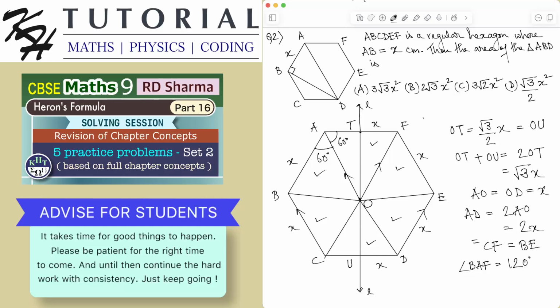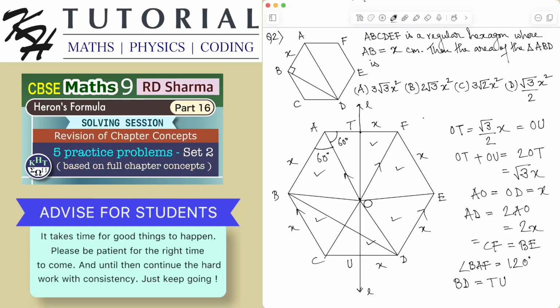Also note that if you join B and D in this regular hexagon, BD will be equal to TU. BD will be equal to TU.